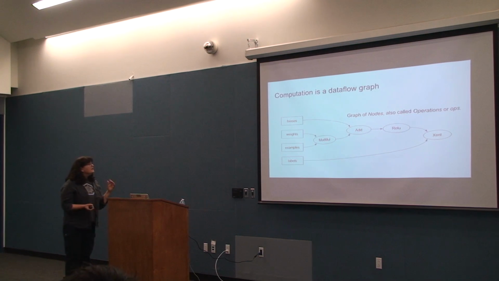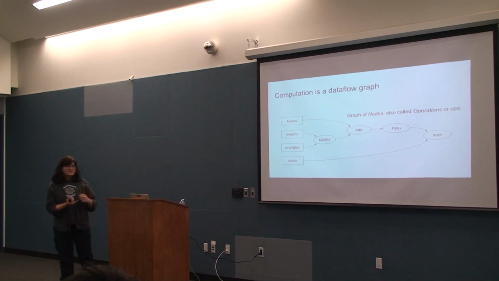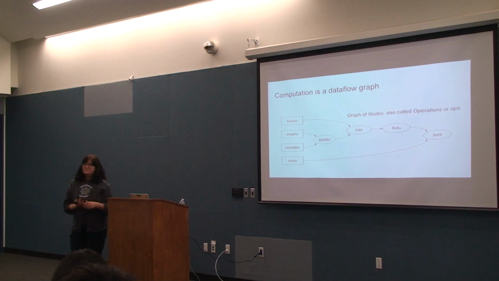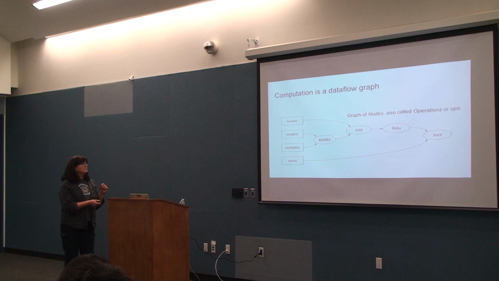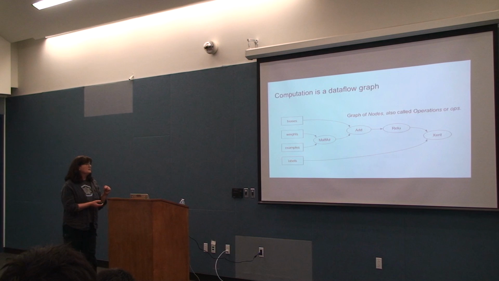All right, and then computation is a data flow graph. The nodes of the graph are operations. Some of them are simple linear algebra operations like matrix multiplication. Some of them are more complex.